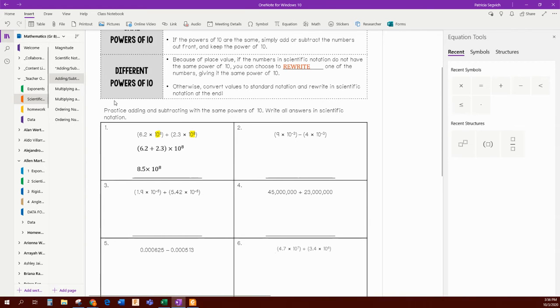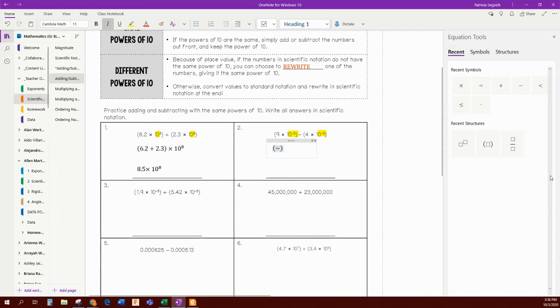Number 2, let's check to see if we have the same powers of 10. And we do, right? We have the same exponents. So now we can just rewrite this with adding our first factors, or in this case subtracting.